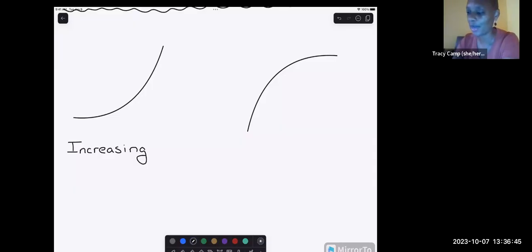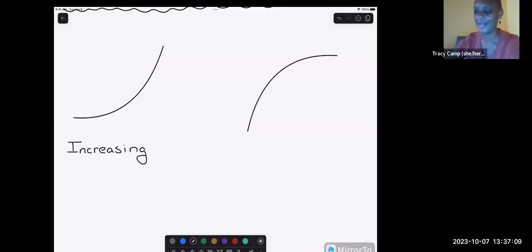The function that I first drew, the one on the left, starts off increasing at a kind of slow rate. So when you think of rate, you can think of steepness, right? Basically the steeper the curve, the higher the rate, the higher the absolute value of the rate. So notice the curve on the left, it starts off not steep at all, right?